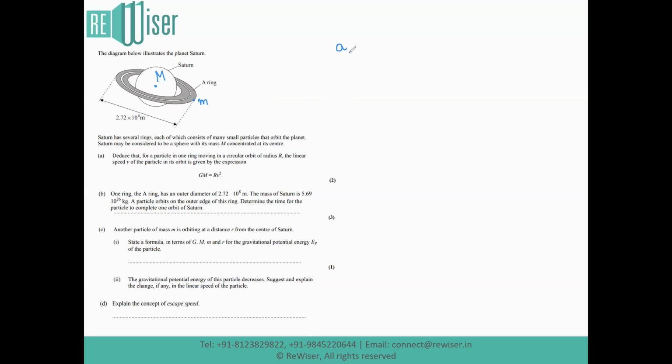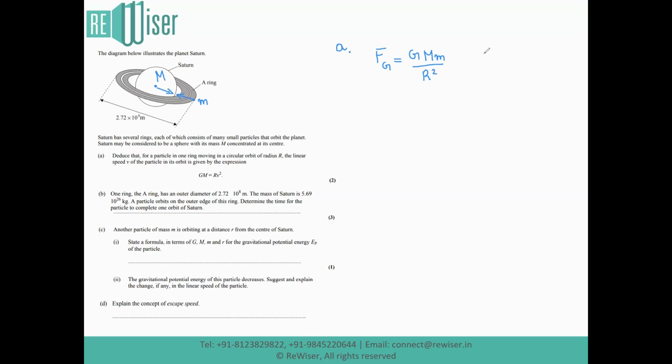The gravitational force of attraction Fg between the mass m and the planet Saturn is given by the formula Fg = G m1 m2 divided by the square of the distance between them, giving us G M m by R². The force is attractive in nature, which means for the body of mass m, the gravitational force is directed towards the center.